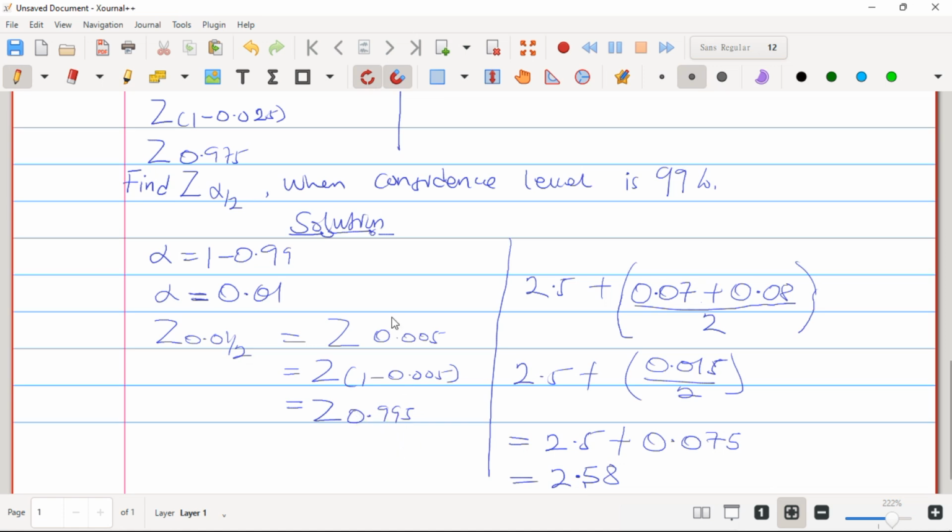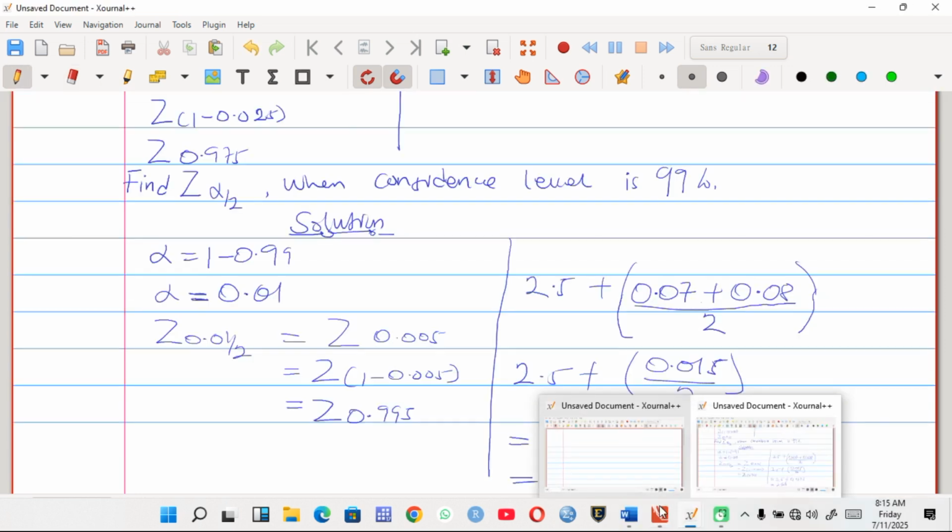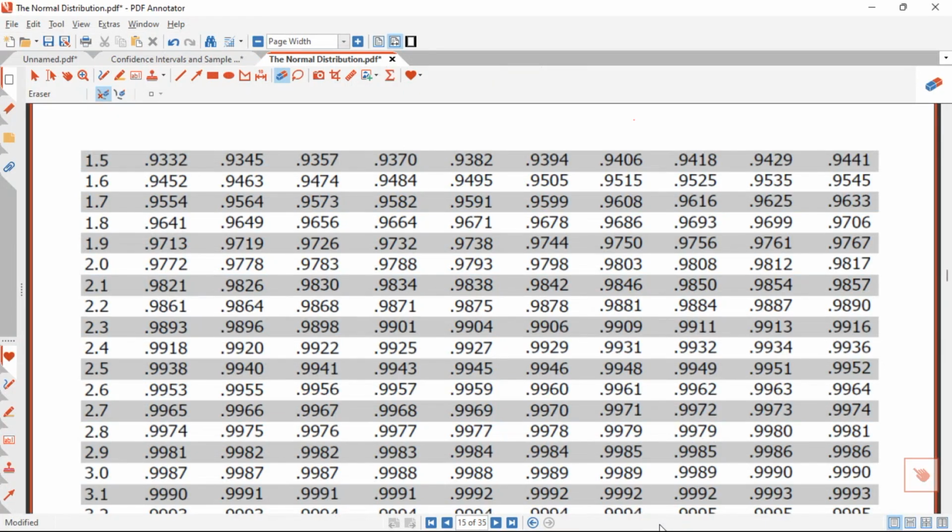So you just go straight to the z table, right? Once you go straight to the z table, we will be able to calculate our z score. So here we are having 0.995. We are just going to locate 0.995 here.